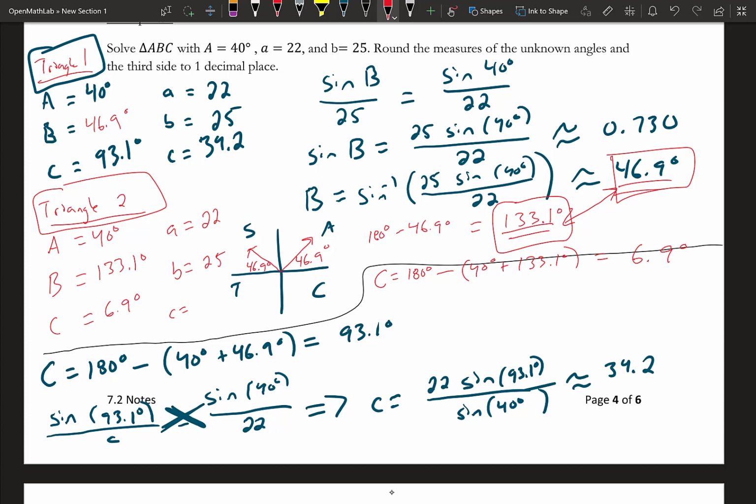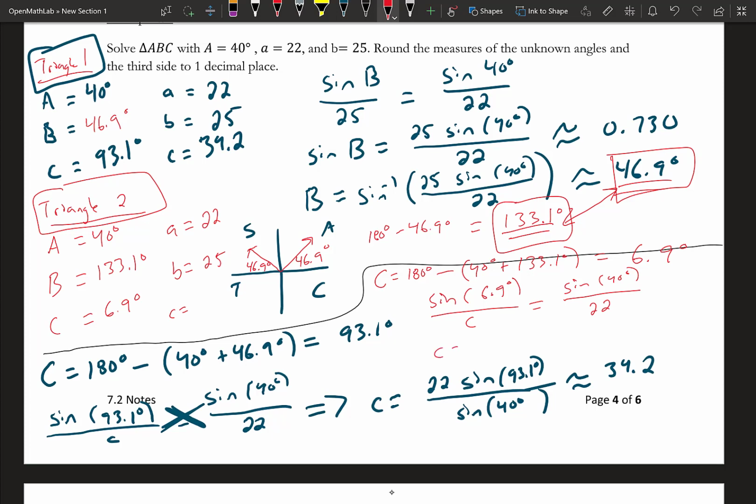And then I need to do the law of sines to figure out little c. So sine of 6.9 degrees divided by little c equals sine of 40 degrees, all divided by 22, right?